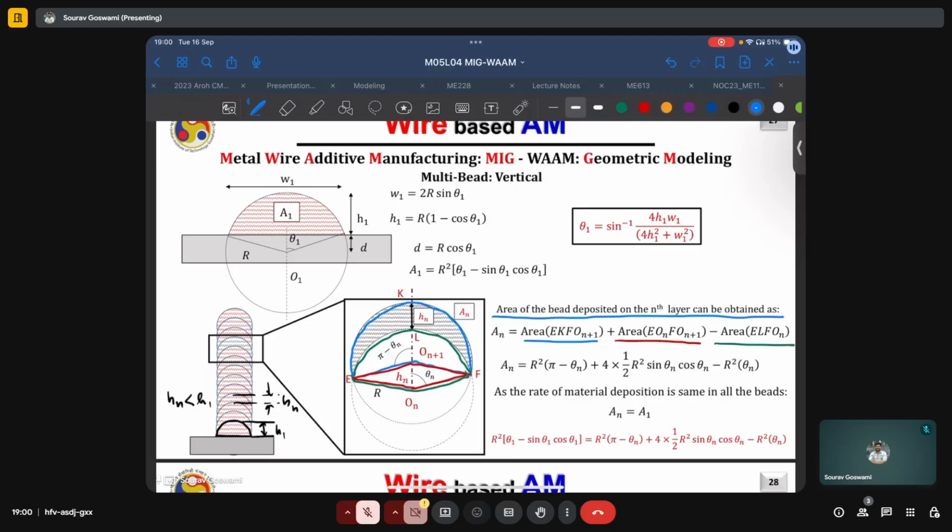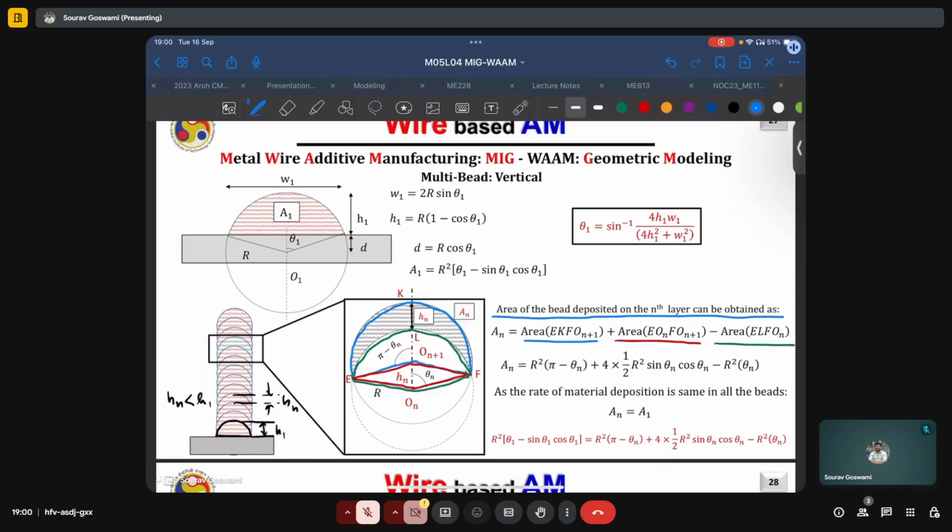Since the rate of material deposition is the same in all of the beads, the area which we get should be the same. It's just that this area is spread differently, and so the height is smaller, but the area of material deposited will continue to be the same. It will just flow over the sides, which is why the height of the bead decreases.